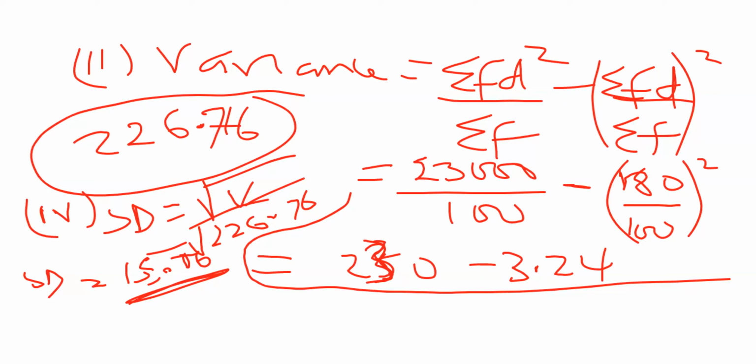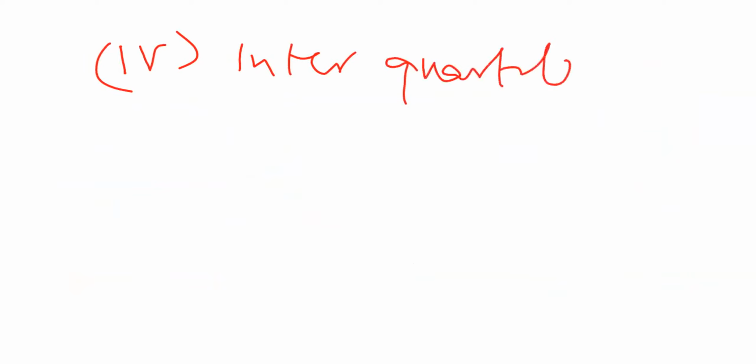Good. So the next thing is Roman figure 4. That Roman figure 4 says interquartile. Quartile means 1/4. Quartile range.